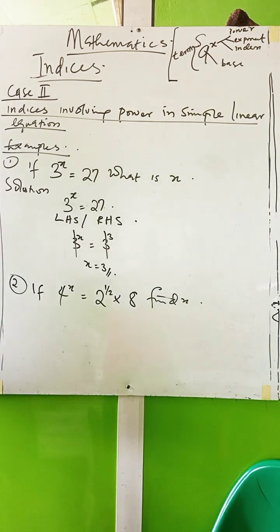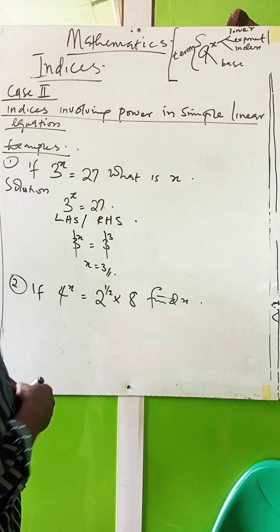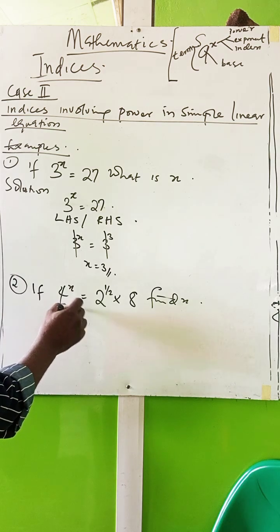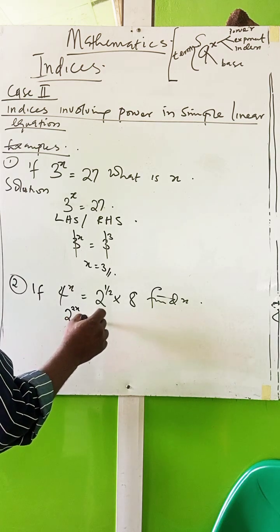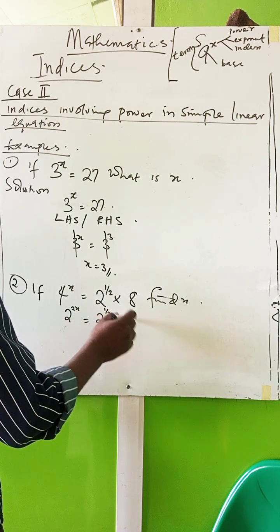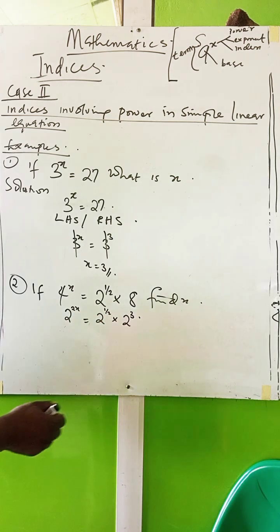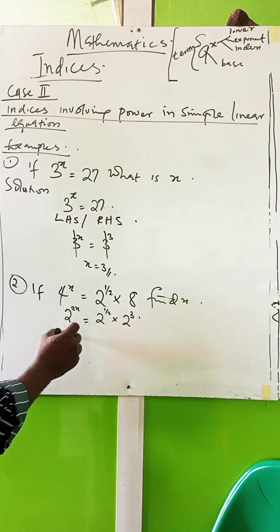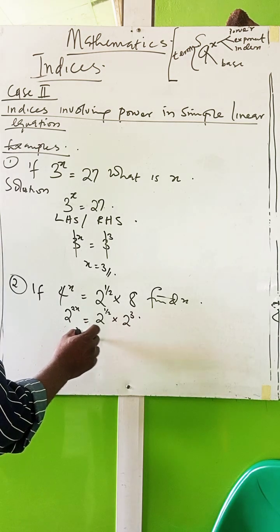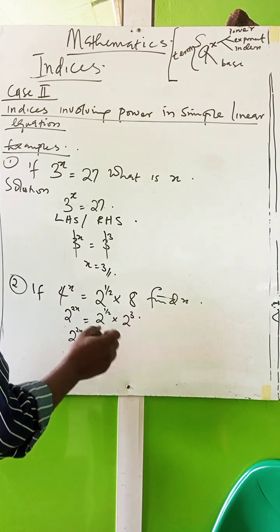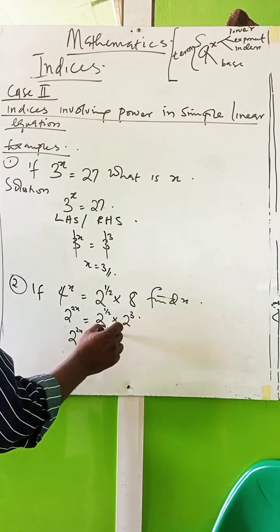Here we also express them in a common base. This is 2 raised to power 2x equals 2 raised to power half times 2 raised to power 3. This can be treated with the first law. 2 raised to power 2x equals 2 raised to power 1 over 2 plus 3.